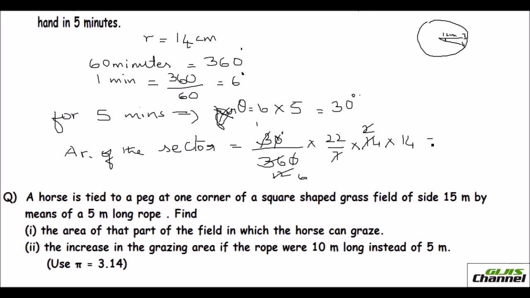And just keep doing it. So 6 will go thrice, right? And it's 11. So you have 154 over 3 centimeter square. Or you can just write that as 51.3 centimeter square. Okay?